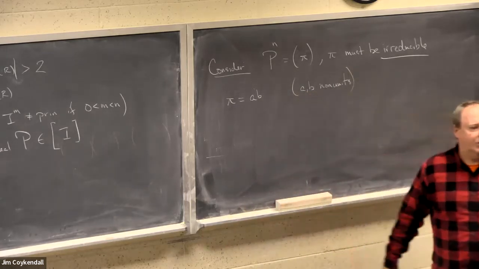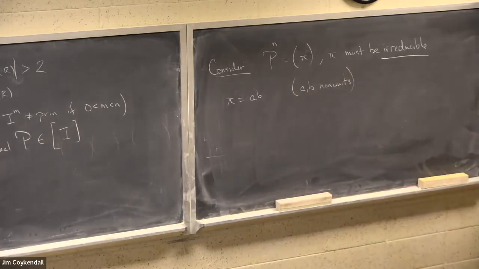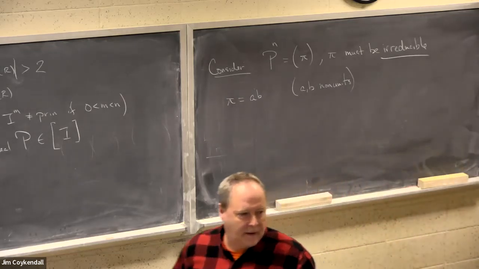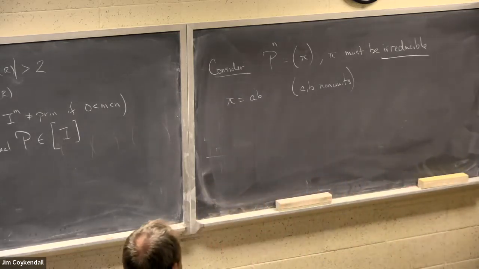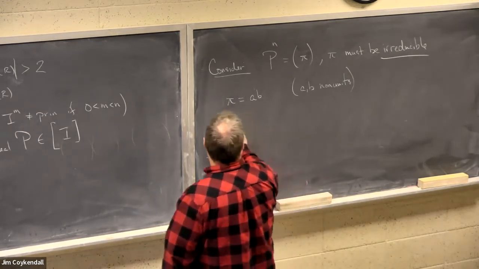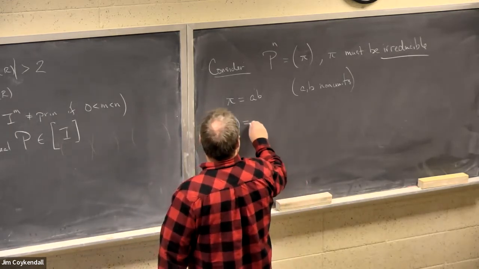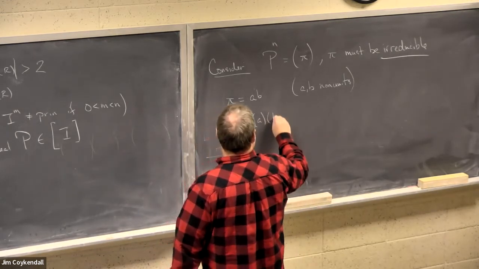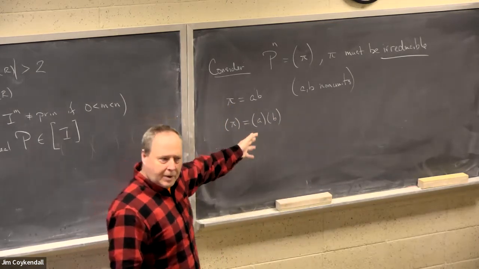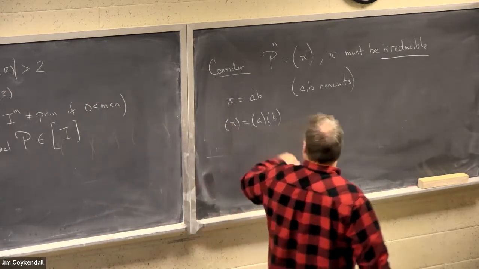So let's suppose it's reducible. Well, first observation is the ideal generated by pi is a principal ideal.